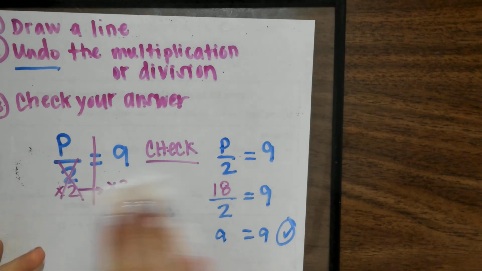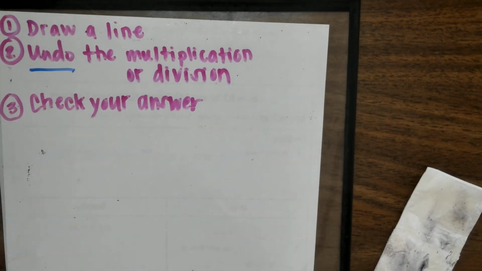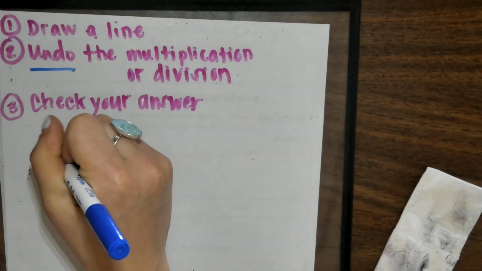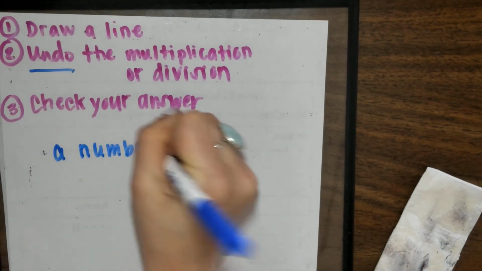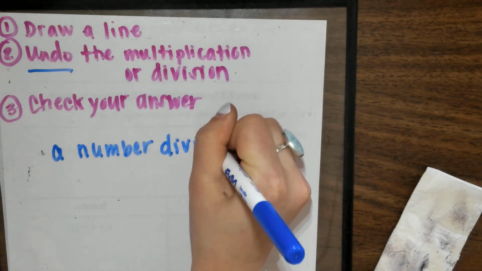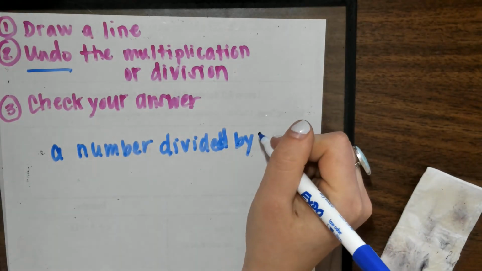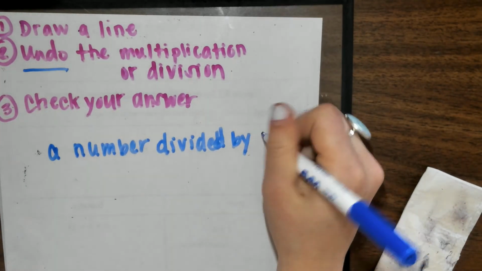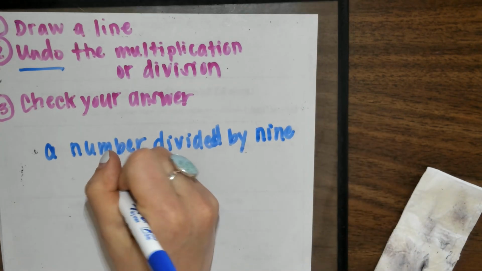All right, let's do one more quick problem. This one's going to be a word problem. Okay, so it says a number divided by 9 is 2.